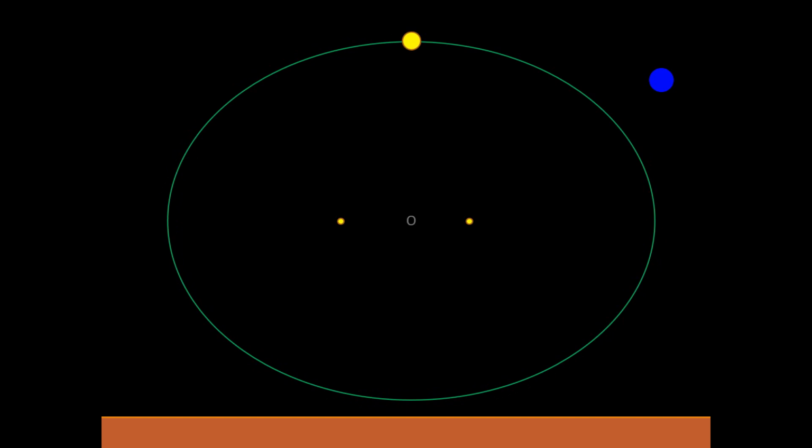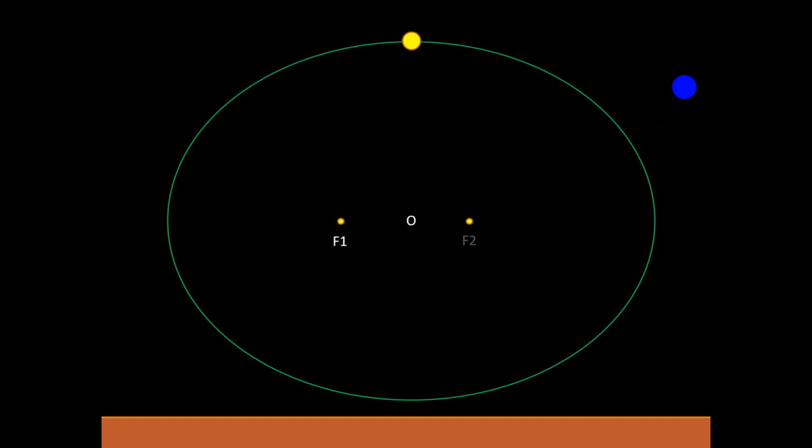So these are the foci of an ellipse, the two fixed interior points. And the center.